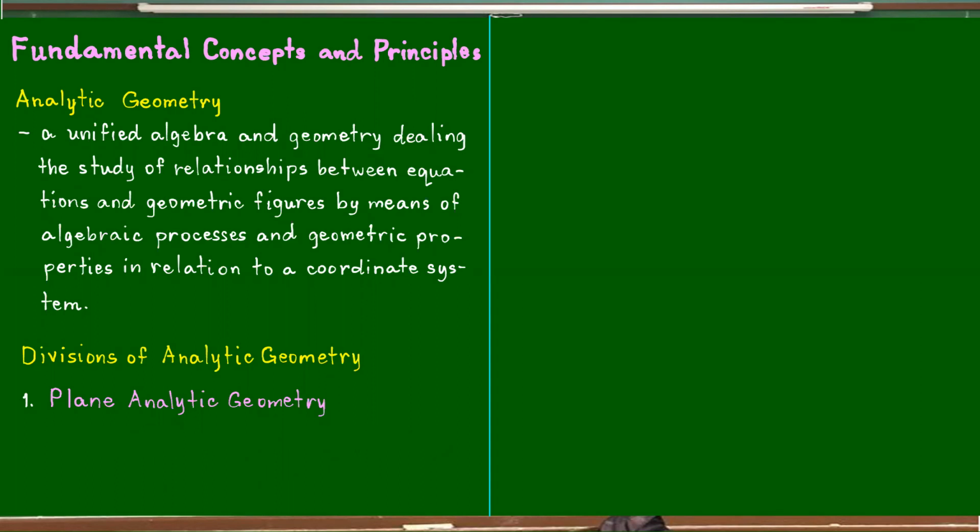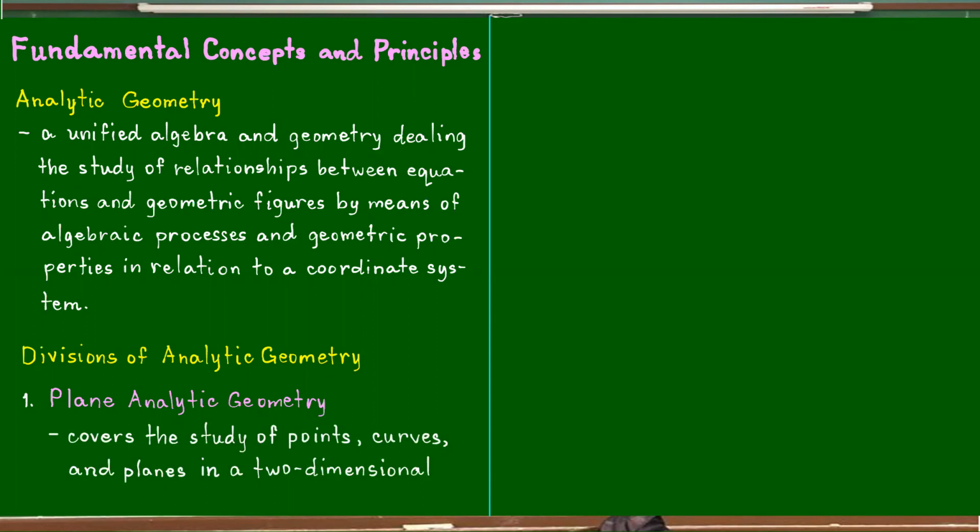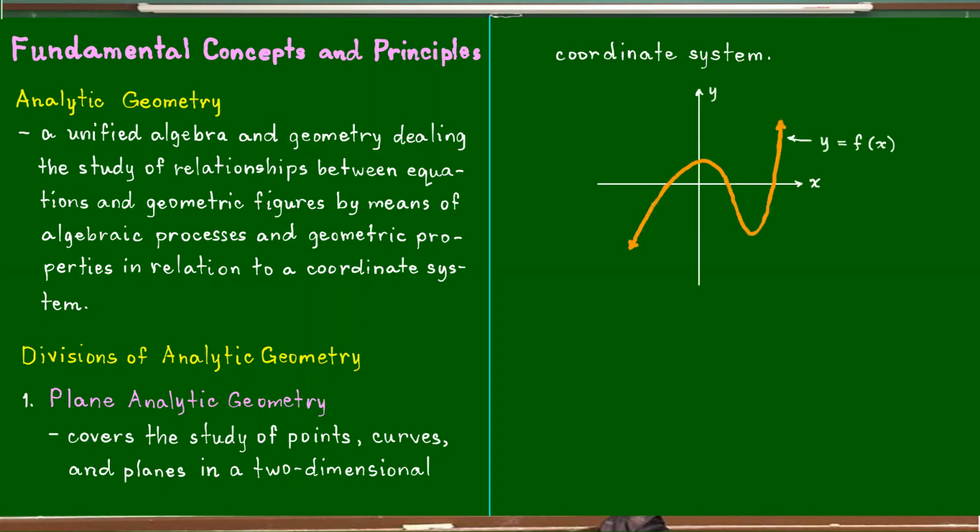So what are those commonly used coordinate systems? We have what we call the Cartesian plane. Look at the figure. Here, a polynomial curve is traced. So we can trace a curve in a two-dimensional coordinate system like in this Cartesian plane.